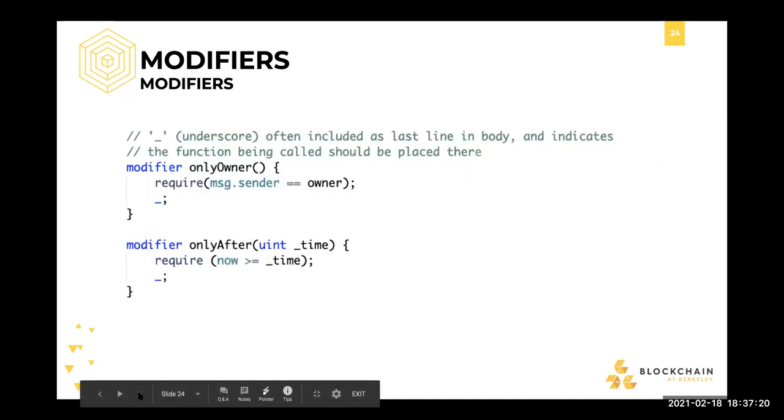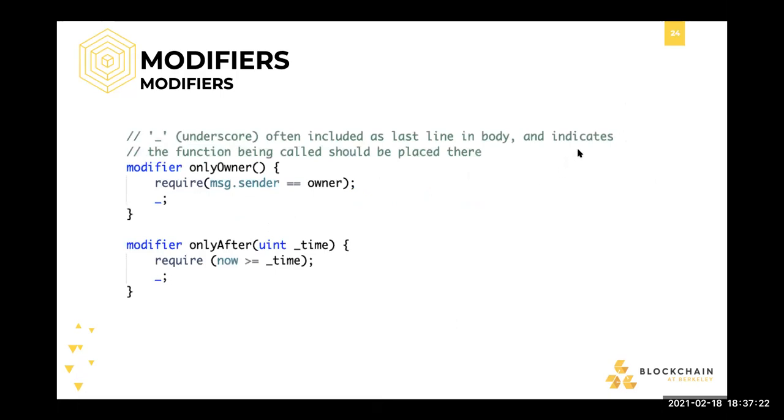Great. Let's talk about modifiers now. These are special types of functions, I guess. They require that certain conditions be met. They're the equivalent of putting these conditions right in front of the function.